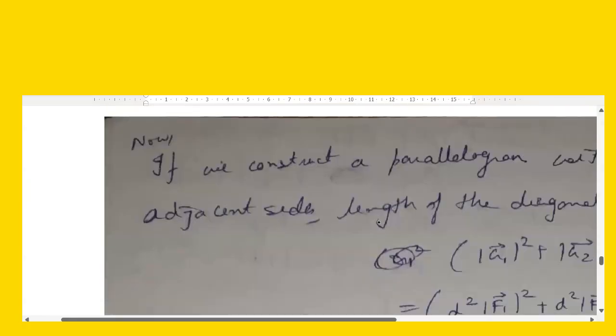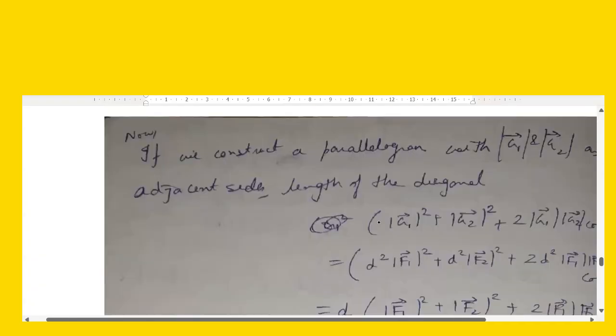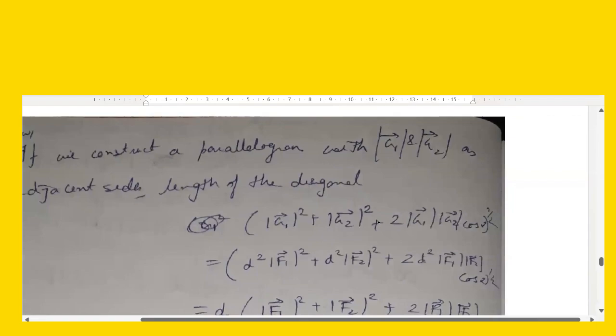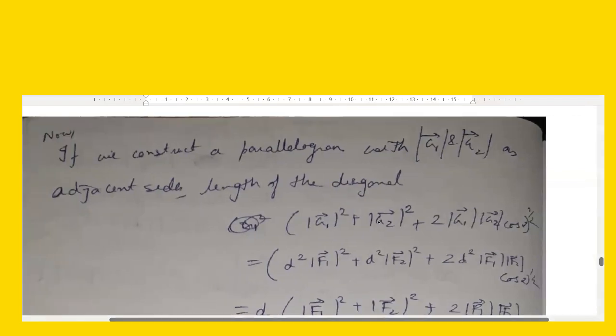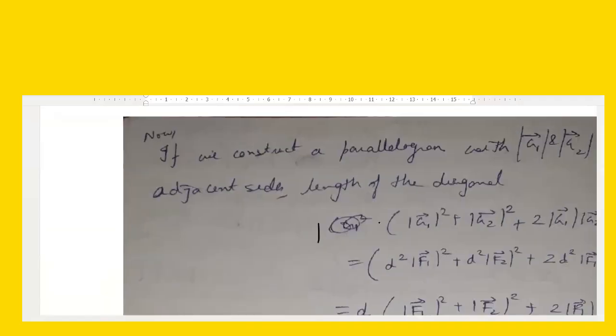Now, if you construct a parallelogram with G1 and G2 as adjacent sides, what will be the length of the diagonal? Let me move it here. You are constructing a parallelogram with G1 and G2 as two adjacent sides, like this.